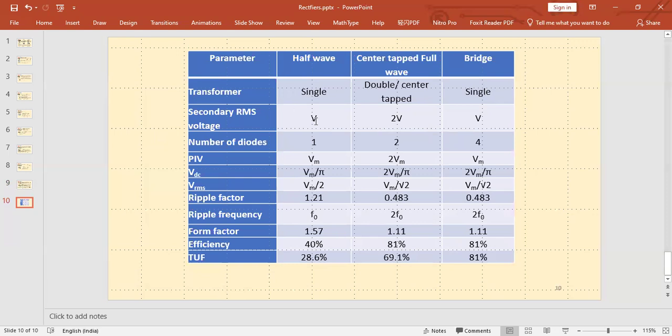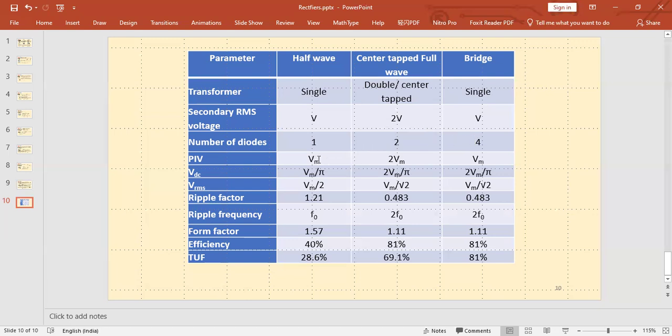Secondary RMS voltage is V, 2V, and V. Of course, we are not much bothered about RMS voltage; we are bothered about the DC output. Number of diodes is 1, 2, and 4. So double and 4 times the cost on the diode.